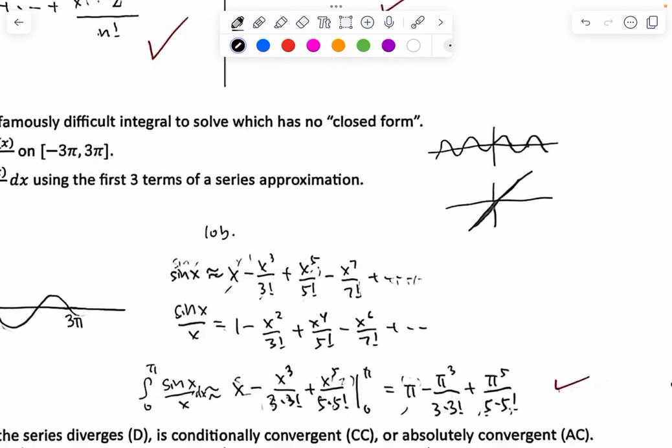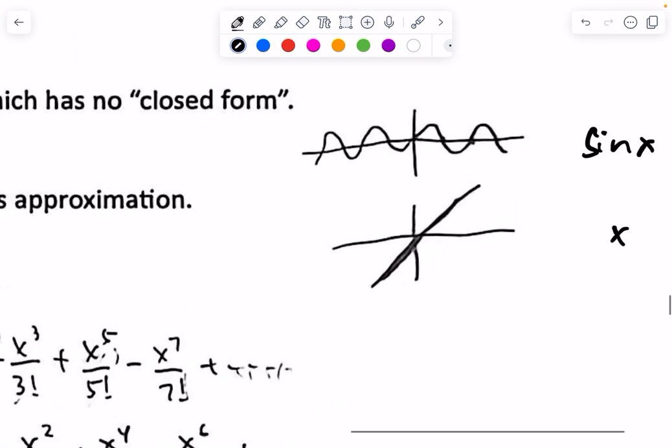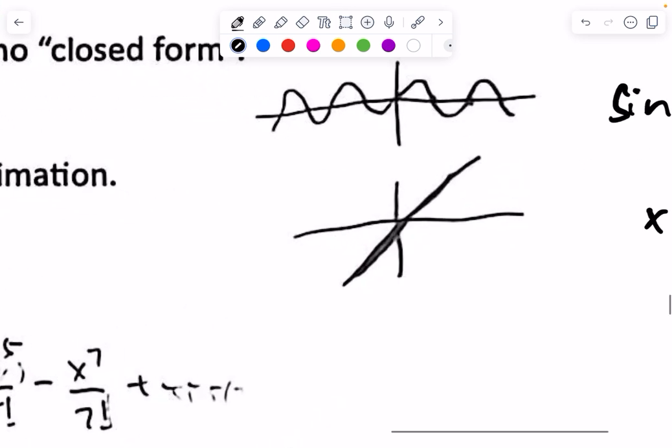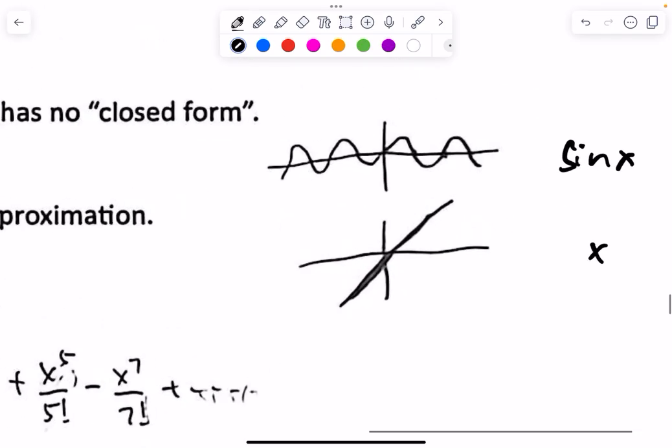What I started with was I drew sine x on the top and x on the bottom. And then I looked at what would happen at each of these points. At x equals 0, we are unclear of what will happen because both of these are at 0. But over here, sine x is at 1, and x is at about pi over 2.